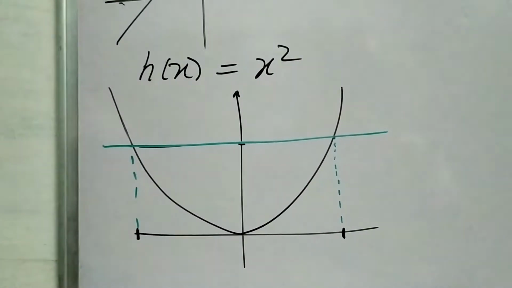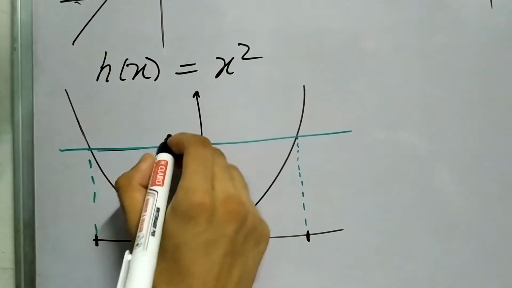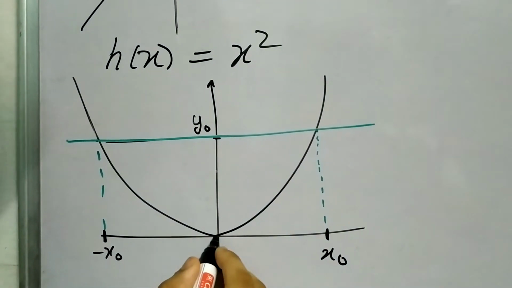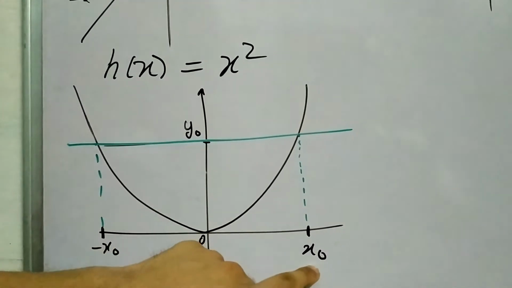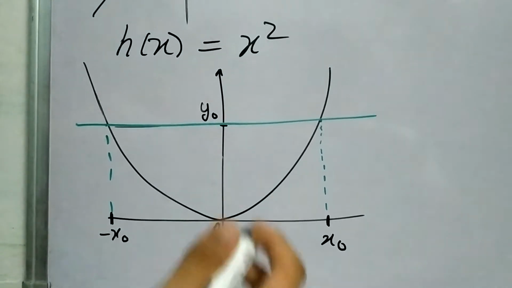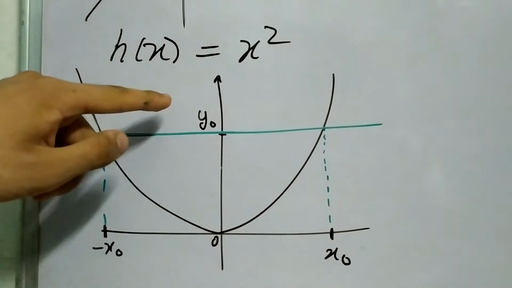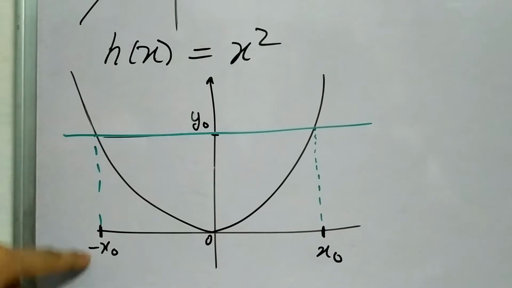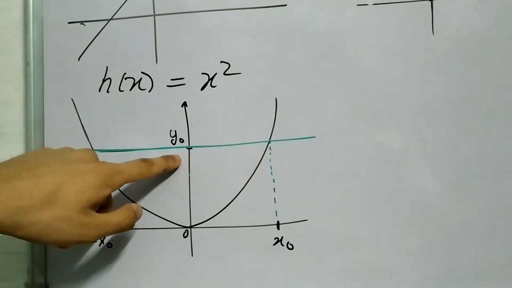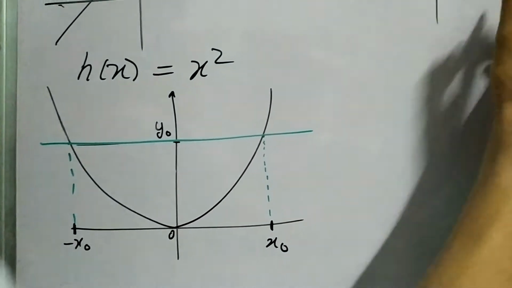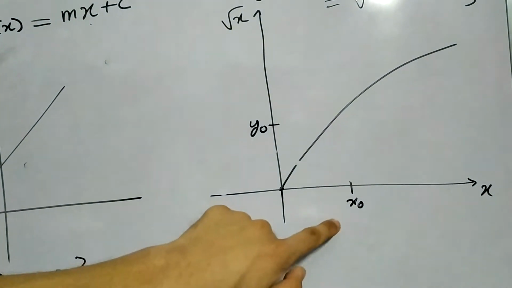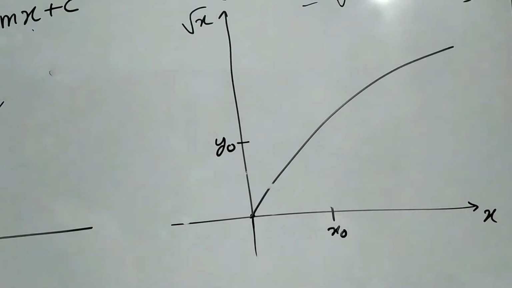So let me call this y naught, this is x naught, and this will be minus x naught. This is 0. So x naught will give you y naught. y naught will be x naught square, and minus x naught square will also give you y naught. So two values of x can give the same value for y, but one value of x can give only one value of y.